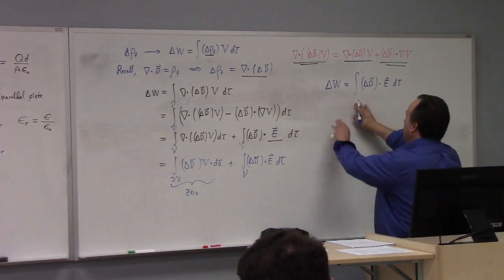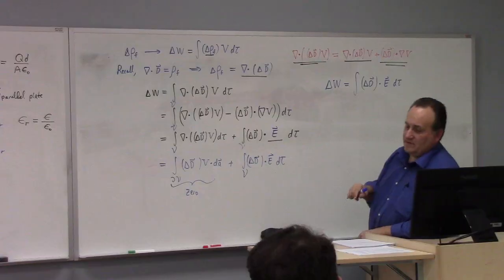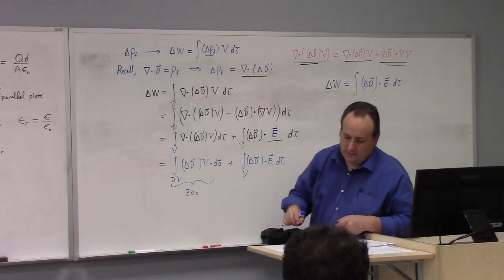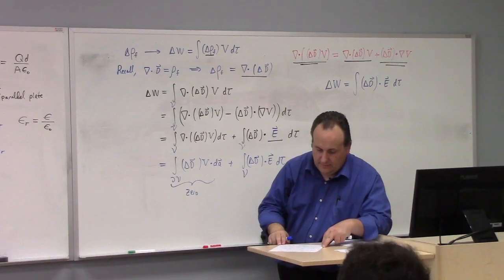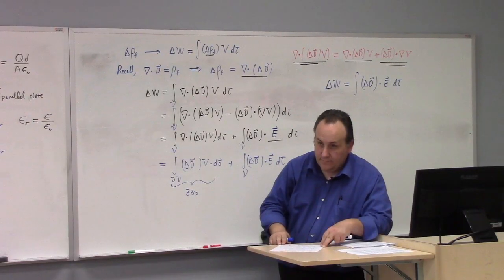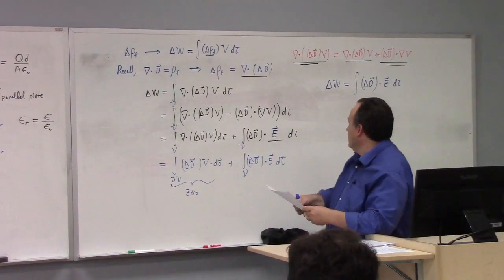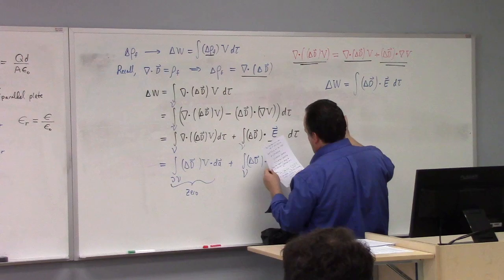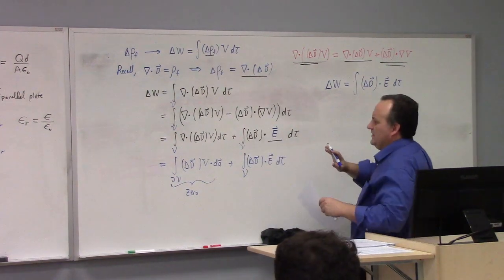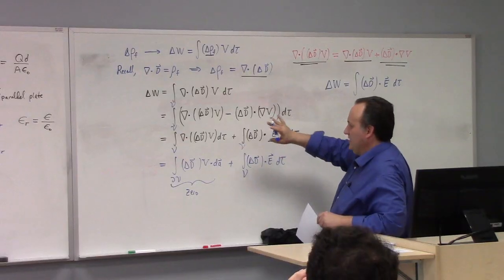Anyway, so this is a little bit of work that it takes to change the charge density like that, right? So then he also argues for, I guess I said that this was for a linear dielectric, but actually I have not invoked the linear dielectric assumption anywhere in here.